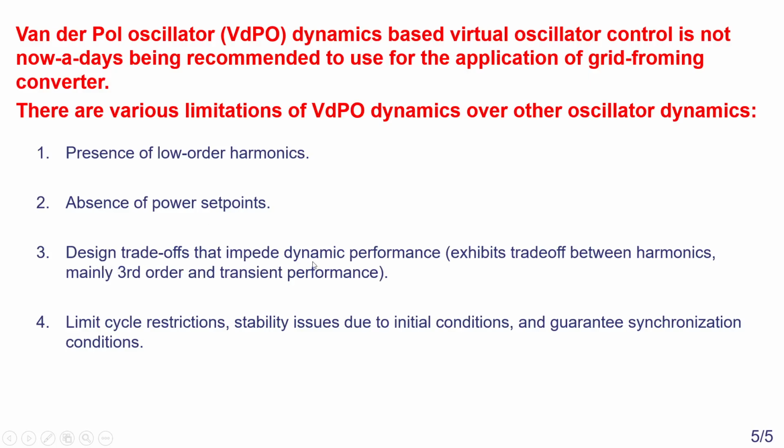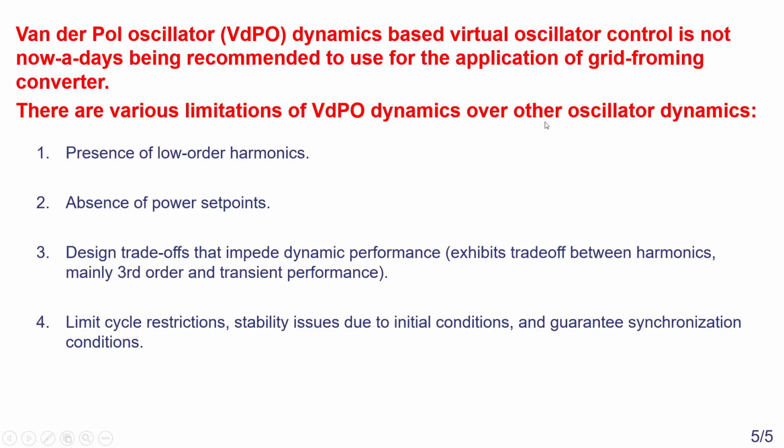Design trade-offs that impede dynamic performance: it is a trade-off between harmonics, mainly third order, and transient performance. It has limit cycle restriction, a stability issue due to initial conditions, and a guaranteed synchronization condition.